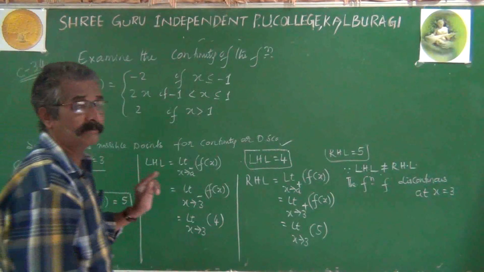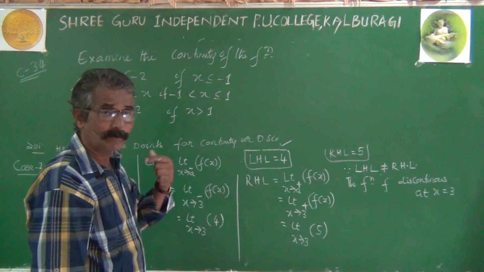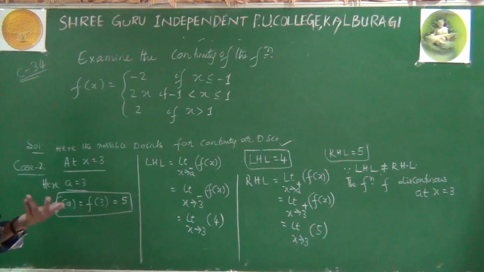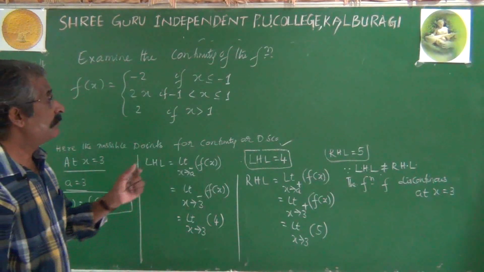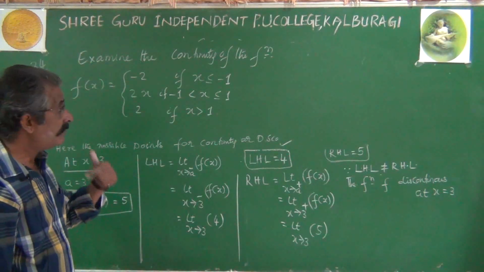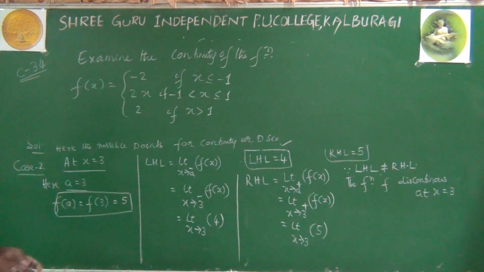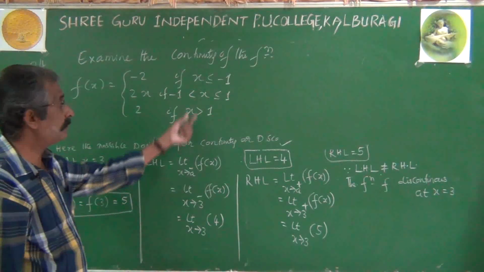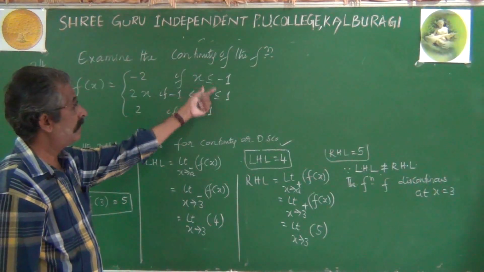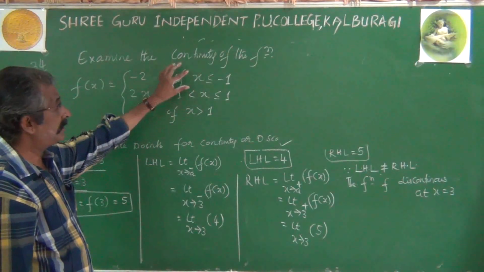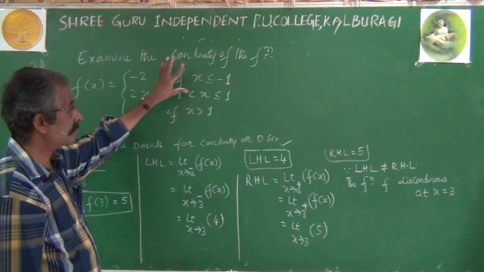You may be given, may not be given, the points of continuity or discontinuity. If given, well and good. If not given, you observe where we are able to get LHL and RHL, where equality holds. Equality holds with minus 1 and also with plus 1, and there is a chance of finding LHL, RHL for minus 1.